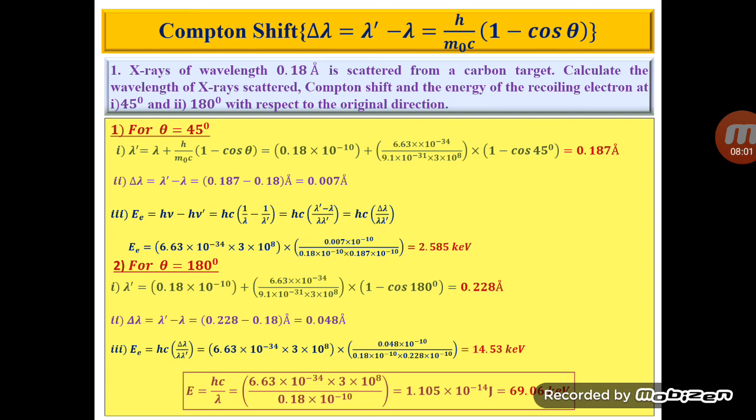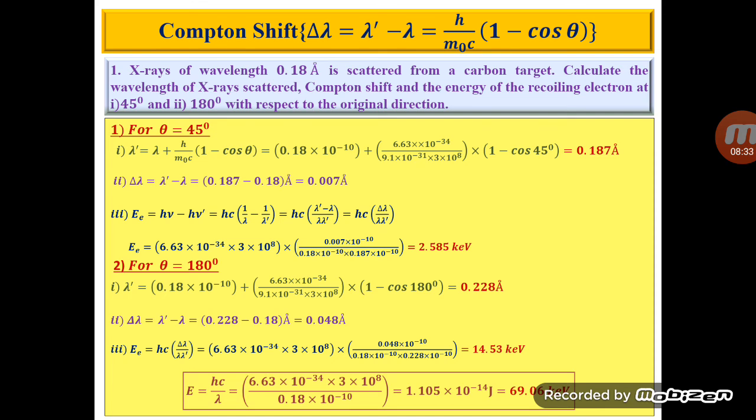As the scattering angle changes, delta lambda also changes. That is, the increase in theta value increases the value of delta lambda, which lies between 0 and a maximum value of 2h by m naught c for theta equal to 180 degrees. Therefore, the dependence of the Compton shift on theta can be observed by solving a problem like this.